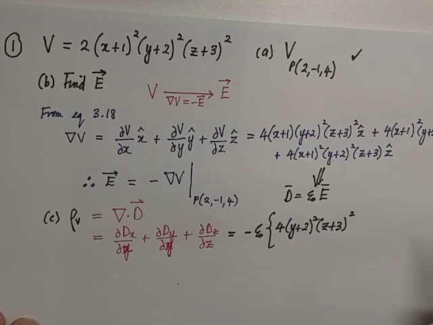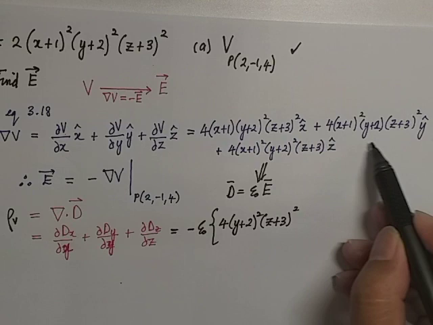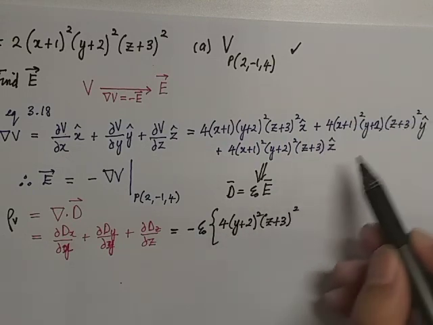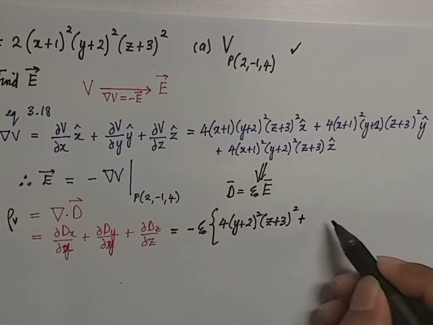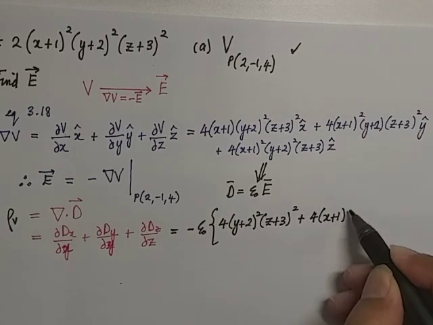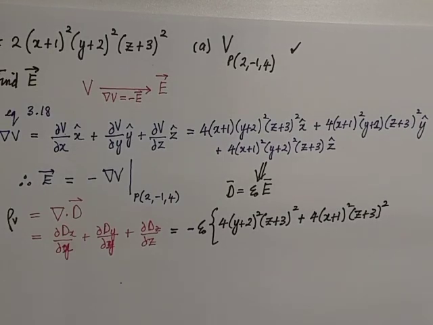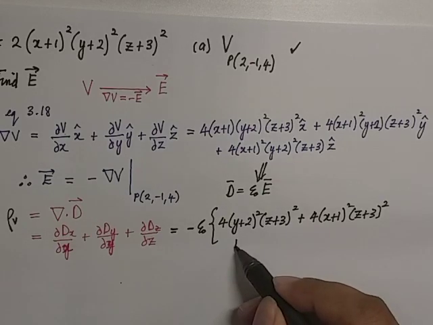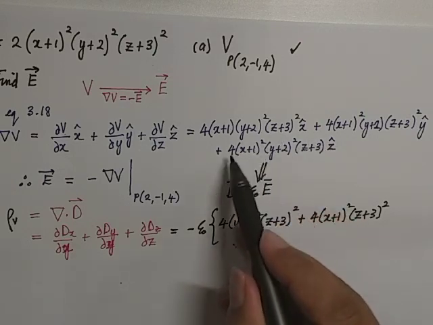Okay, how about the second term now? This is our Ey, so dDy should be multiplied with epsilon naught. I'm going to add here 4, x plus 1 squared, z plus 3 squared. Is it correct for the dDy over dy? And finally, we add the third term, our Dz component.